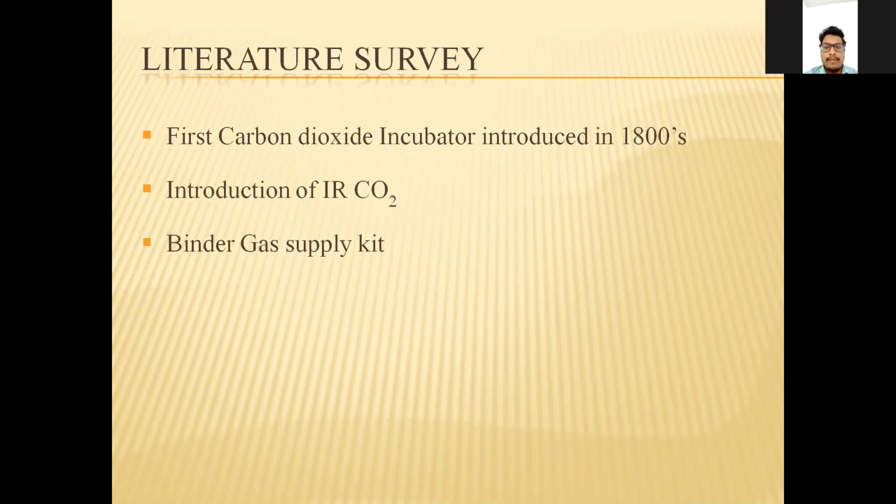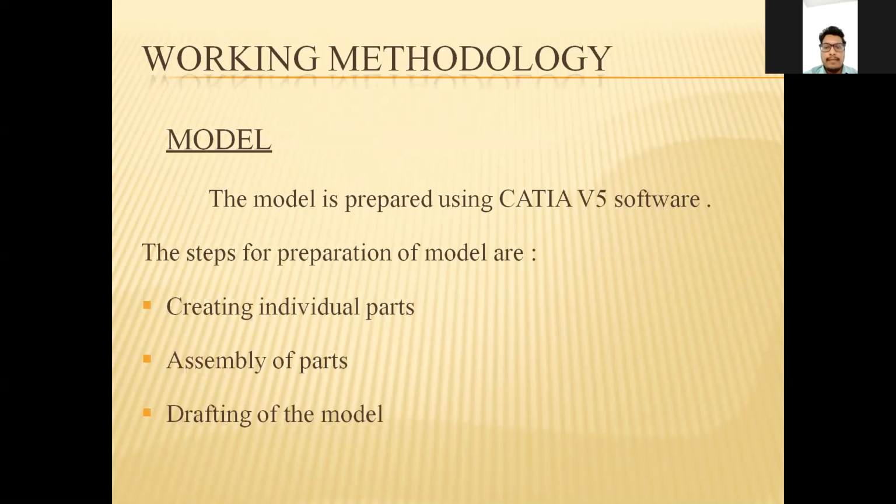Then the next thing in the project was the working methodology. The first step in the working methodology was creating a model. There are many software packages for creating a model, such as CATIA, AutoCAD and Creo.